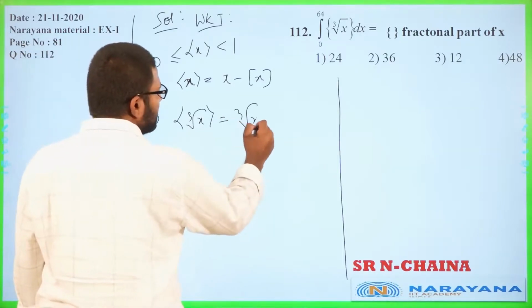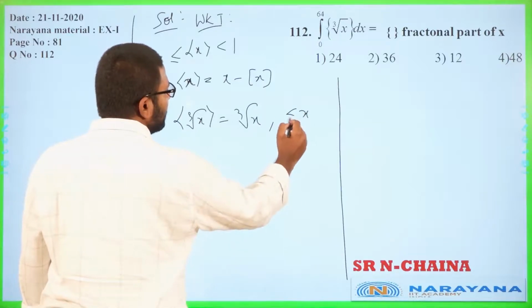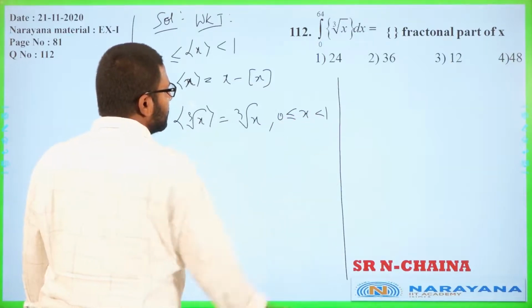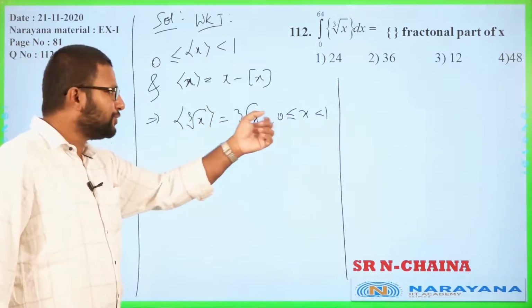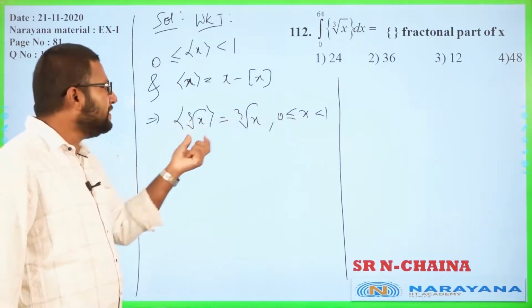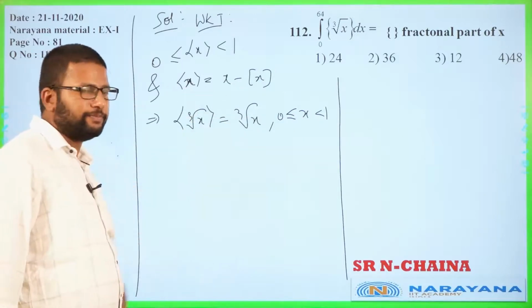So keeping all this in mind, fractional part of cube root of x is cube root of x itself when x lies between 0 to 1, right? If x lies between 0 to 1, its cube root is also going to be a fraction, which means it will be the same value.